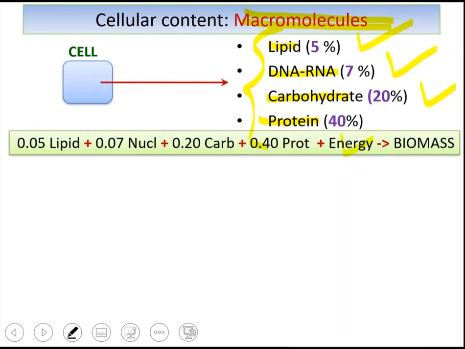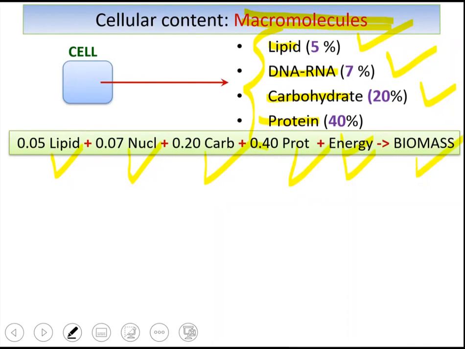So if I know this, then can I write the formation of a cell as a reaction? A cell is composed of lipid, nucleic acid, carbohydrate, protein, and of course energy is required during growth, right? Some energy consumption, and this would make my biomass, my cell.